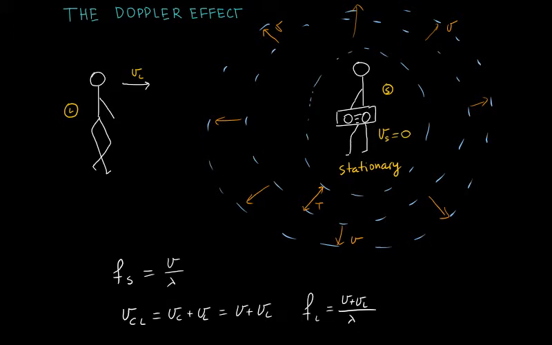Let's simplify it a little bit, or represent lambda in terms of frequency. From here I can write lambda equals V over the frequency of the source, and then substitute that in here. We'll have (V plus V_L) over (V over f_S). That makes it (V plus V_L) over V times the frequency of the source.